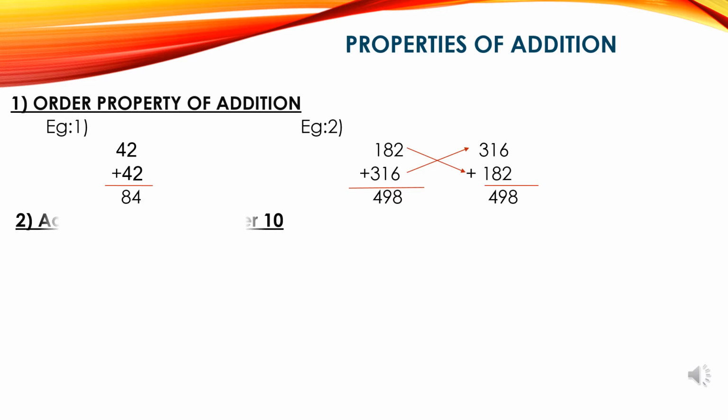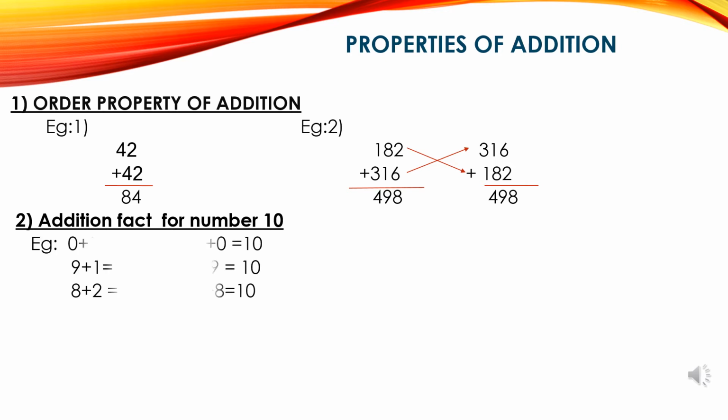Now, addition facts for the number 10. 0 plus 10 equals 10. 1 plus 9 equals 10 or 9 plus 1 equals 10. 8 plus 2 equals 10 or 2 plus 8 equals 10.